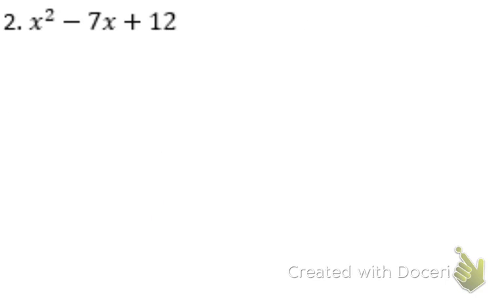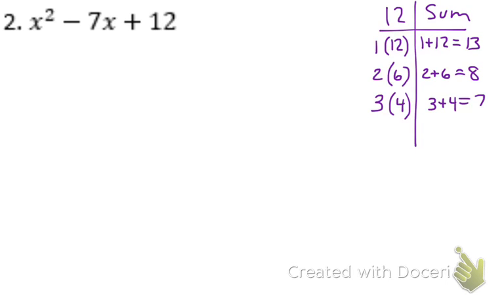On this next one, 1 times 12 is 12 again, so we're looking for the factors of 12. This time we're multiplying and getting positive, so that could be either both positive or both negative. So if we make them both negative, negative 1 plus negative 12 is negative 13.